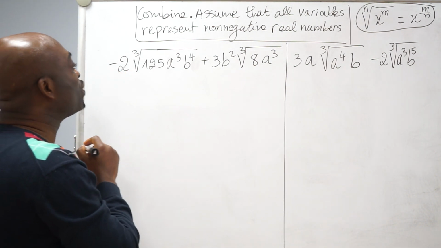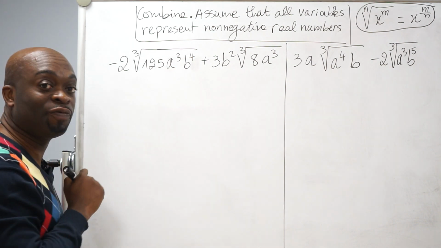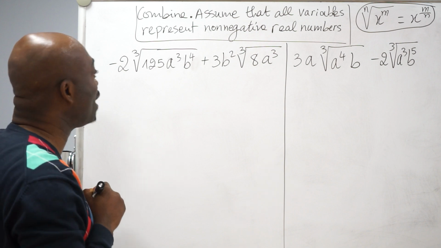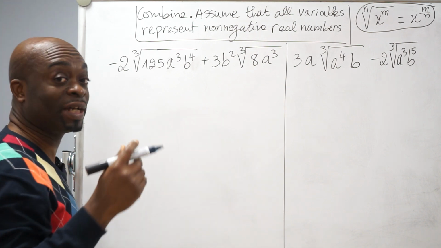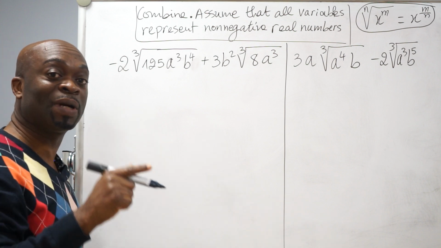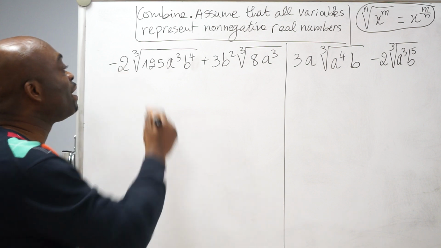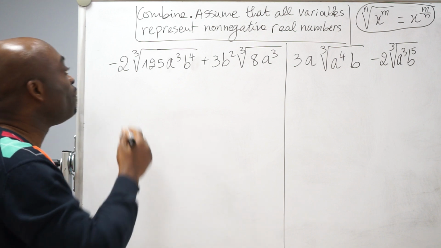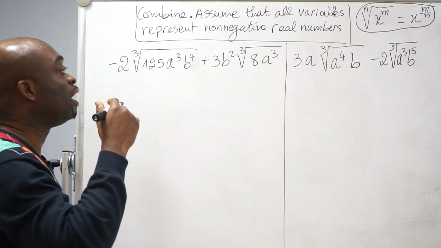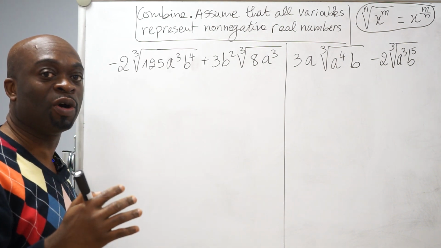So we have negative 2 cube root of 125 a to the third power times b to the fourth. First thing, we go with the 125. How do we break it down into a number such that when you multiply that number by itself 3 times, that will give you 125? If you keep working on such problems, you will see that some of these numbers pop up many times.